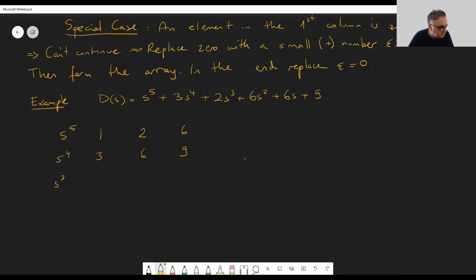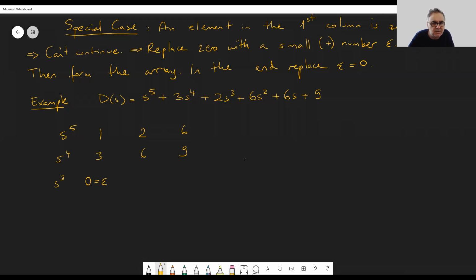The parameters are so that it is 6 minus 6, 0, divided by 3 is 0, but we will call it epsilon here, okay? The other terms are okay.